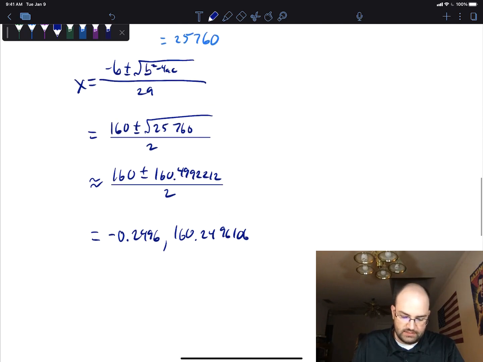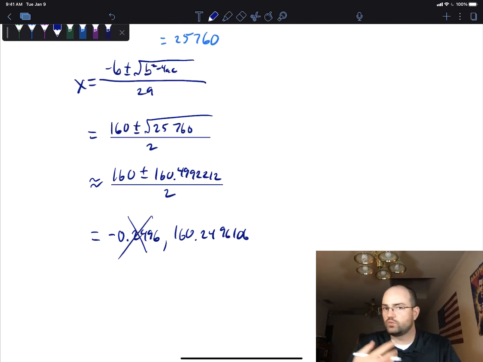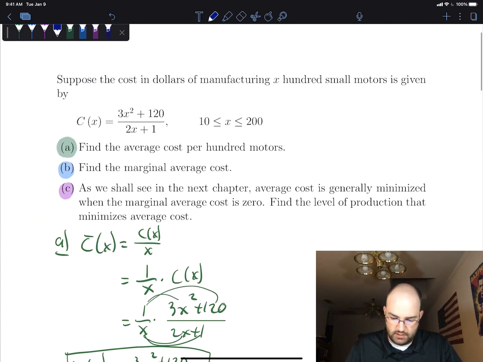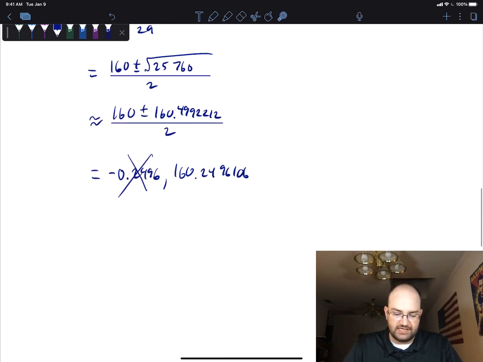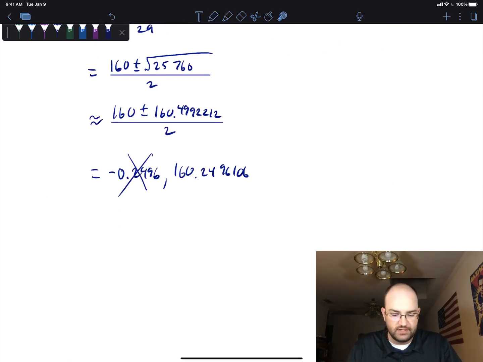Awesome. So we're going to actually reject the negative. The reason why is because x is representing the number of 100 small motors, and there's no such thing as a negative amount of small motors, so we can only use the positive.